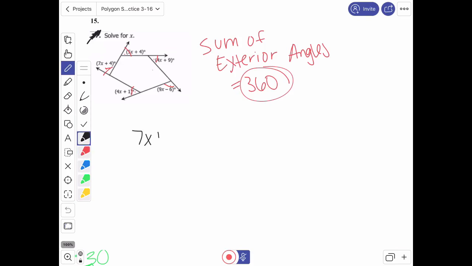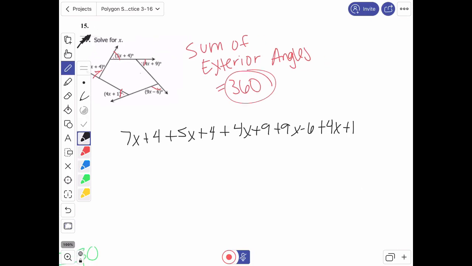So if I take 7x plus 4 plus 5x plus 4, and keep going, I think I got them all. 1, 2, 3, 4, 5.